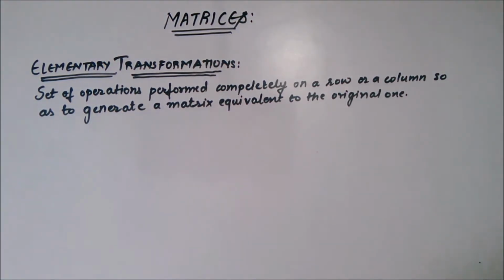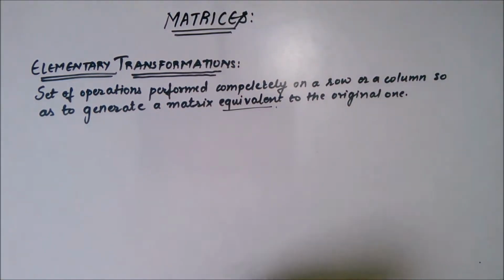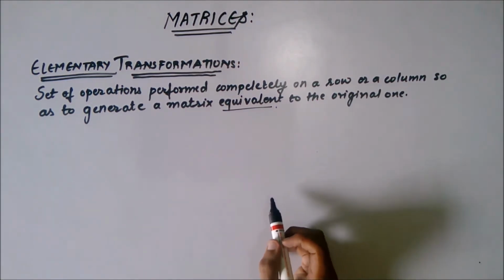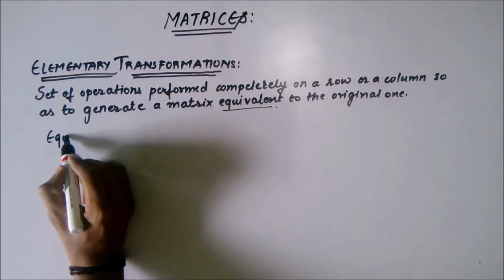Now, the word to be noted is equivalent. That is, the generated matrix after the operations are performed are not equal but are equivalent. Now, to explain this word equivalent, let me take an example.